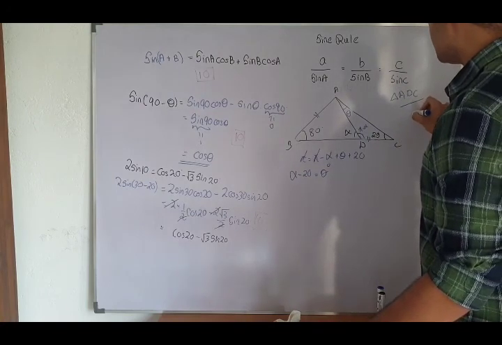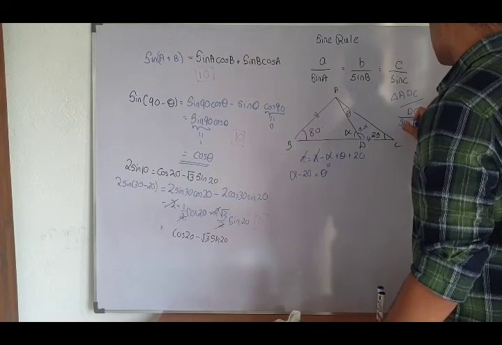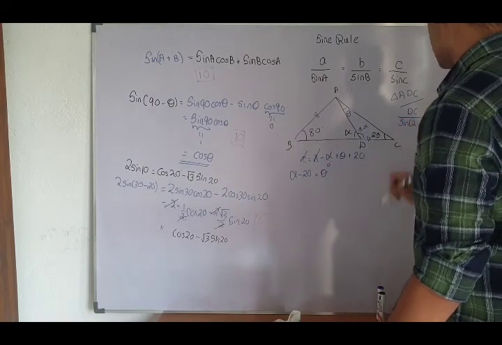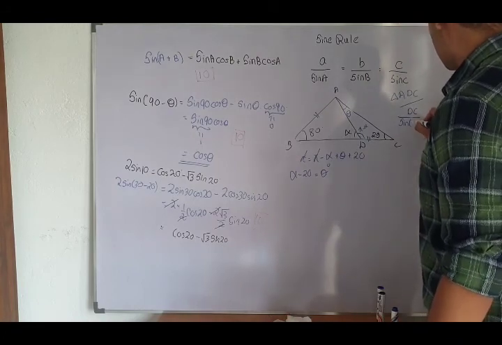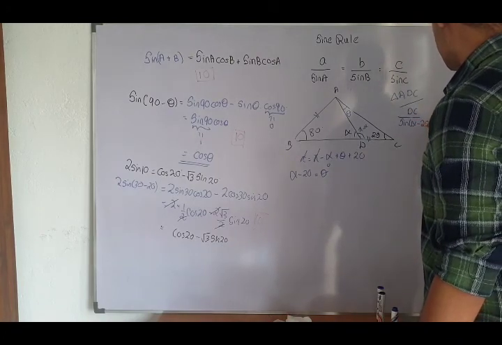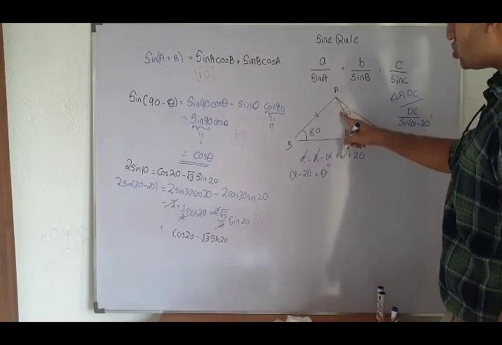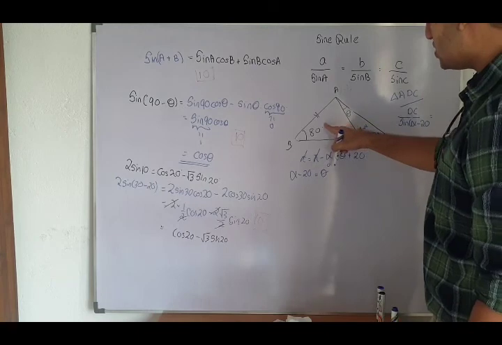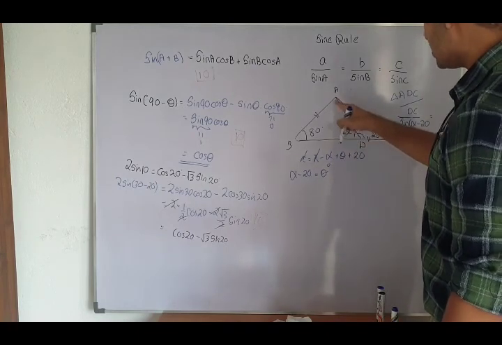So therefore we can say that DC over sine alpha minus 20 is equal to the next part. We can choose the common line for these two triangles. The common side for these two triangles is AB.